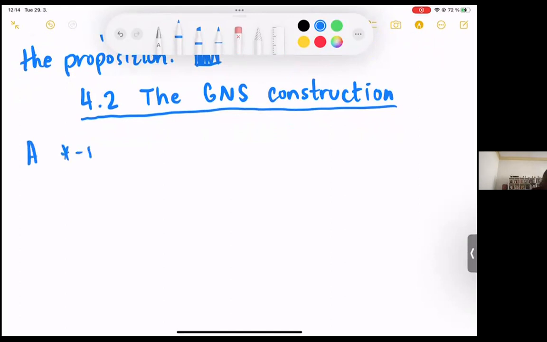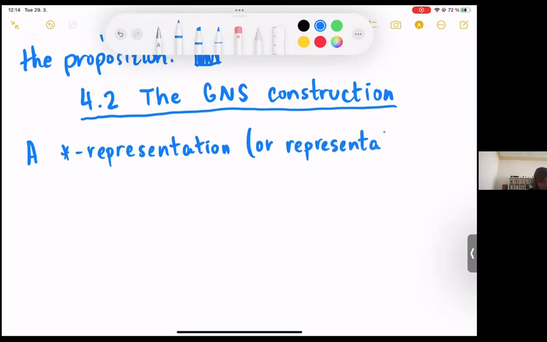So what is a star representation? Properly, I guess it should be a star representation, but I'll often just call it a representation, apologies in advance.